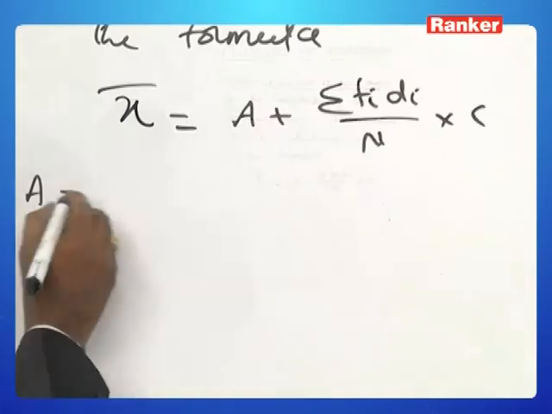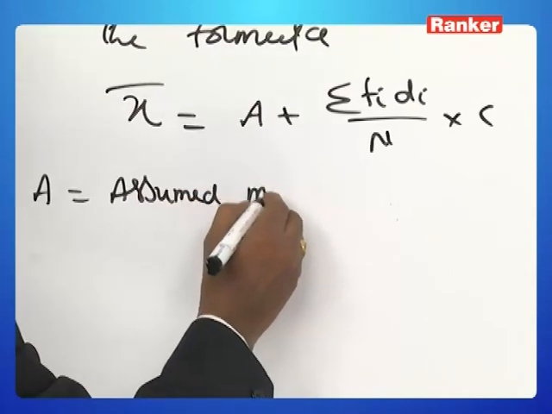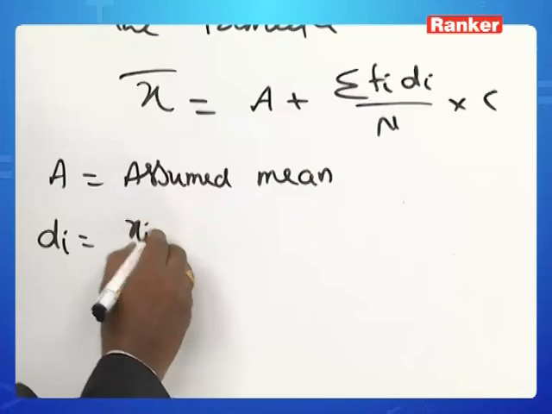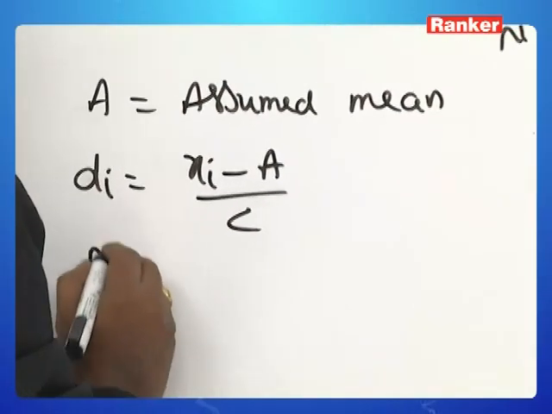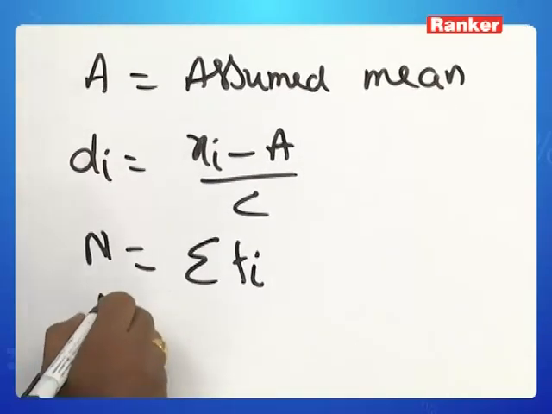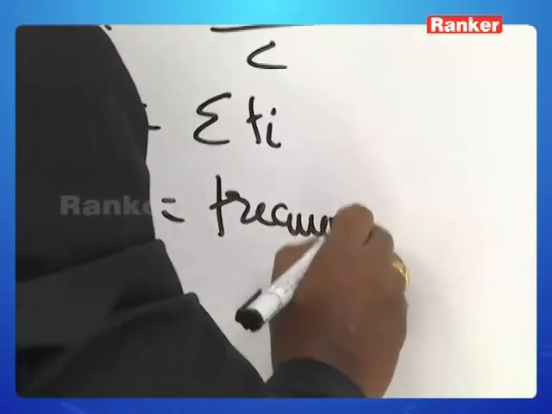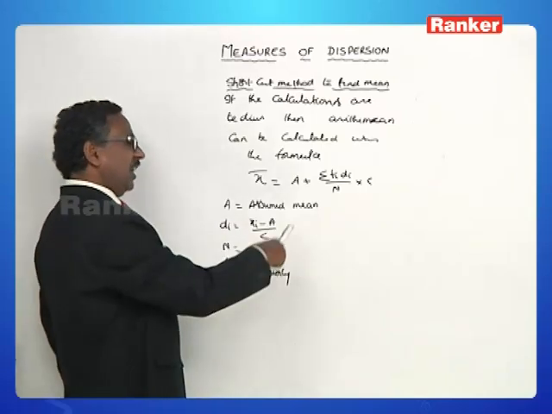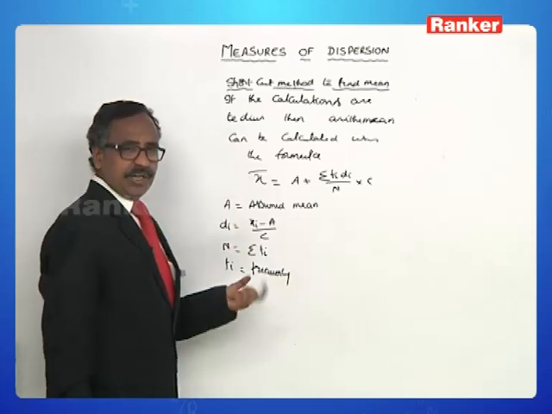Here a is the assumed mean, di is equal to xi minus a divided by c, n is equal to sigma Fi, and Fi is frequency. Using this, we can calculate the mean, and after calculating the mean, the mean deviation can be calculated using the following tabular form.